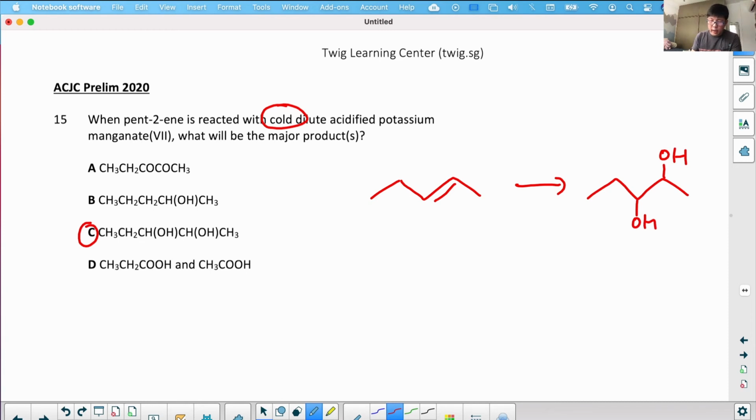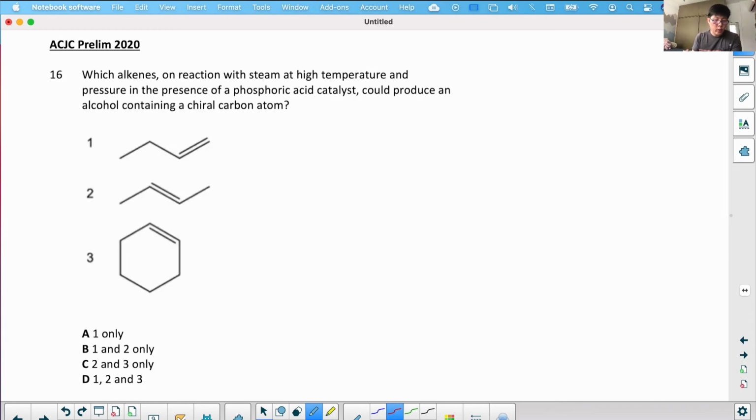Alright, okay, so let's look at the next question, 16. Which alkene on reaction with steam at high temperature and pressure in the presence of phosphoric acid could produce an alcohol containing a chiral carbon? So you're actually drawing the alkene becoming an alcohol. Alright, so you're going to follow Markovnikov's rule again. So for the first one, I'm going to put the H over here, and this is the more stable carbon.